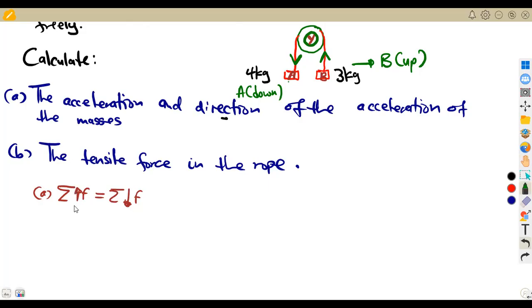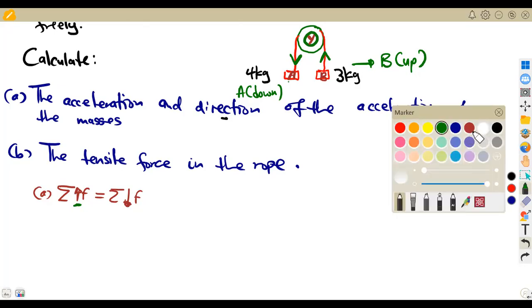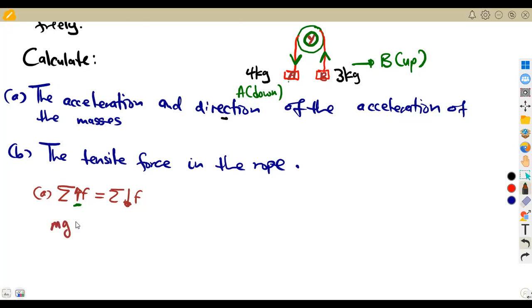So when we are saying F up, what is our formula for F up? It gives us Mg plus Ma, and it must be equal to Mg minus Ma for the one going down.